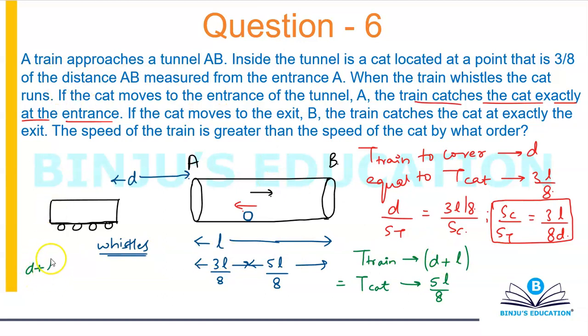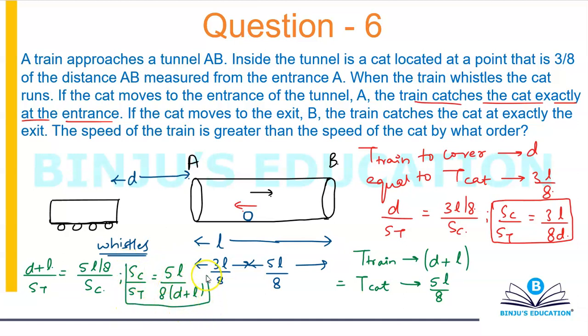So I'm going to have d plus L divided by the speed of the train equal to 5L by 8 divided by the speed of the cat, which means I can again say that the speed of the cat by the speed of the train will be equal to 5L divided by 8 into d plus L. So I have two relationships of SC over ST, one in the red one at the right and one in the green one. So let's equate them. That's the only thing that we can do.